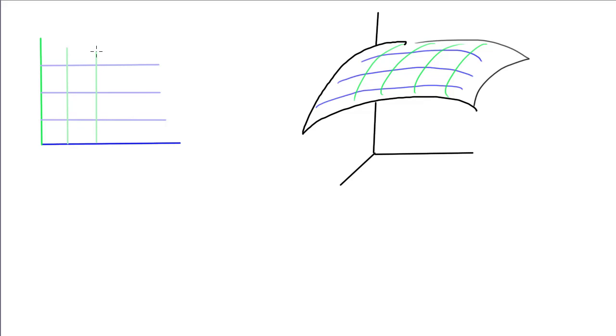Here are the 4 green curves. And the function that takes the parameters to space. t1, t2, my parameter values. The 4 green curves are at fixed t1s. The 3 blue curves are at fixed values of t2.